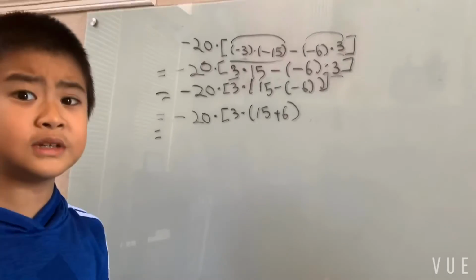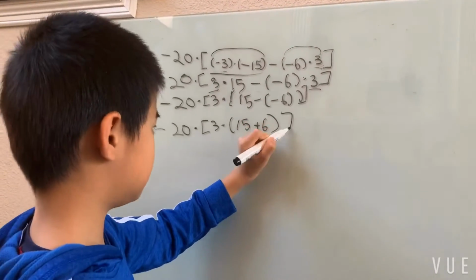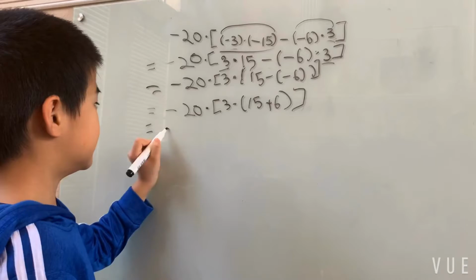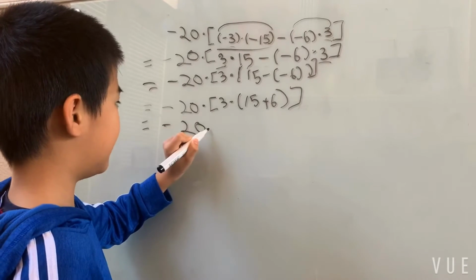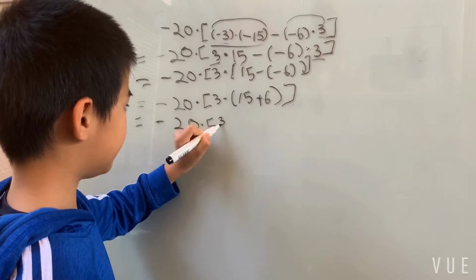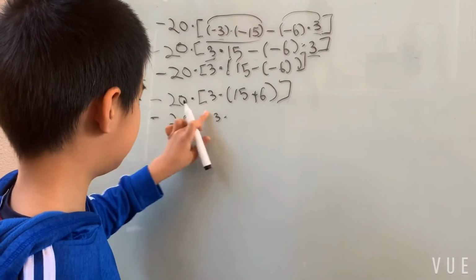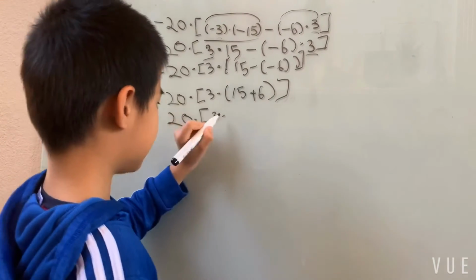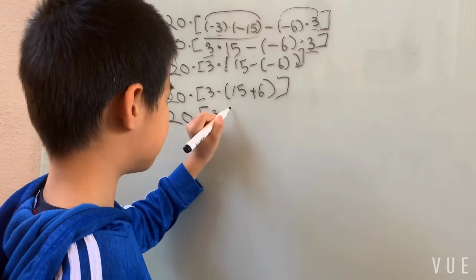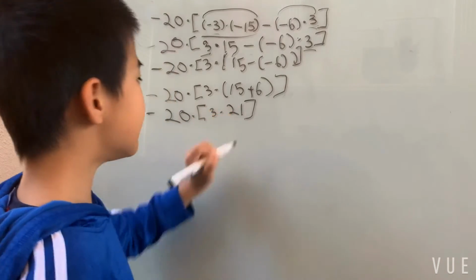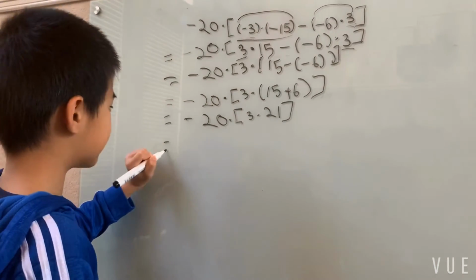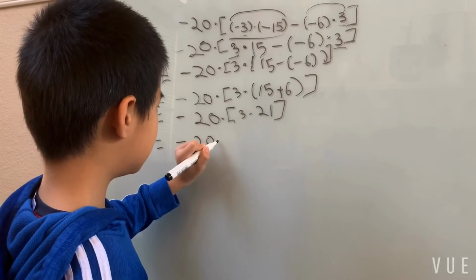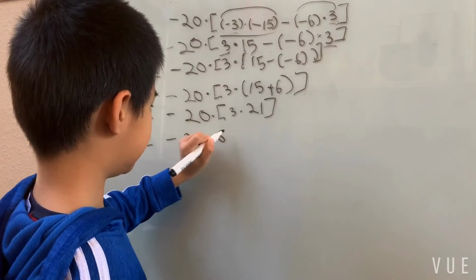And now we should be able to compute this with mental calculation. So here we have 3 times 21, and 3 times 21 is of course 63.